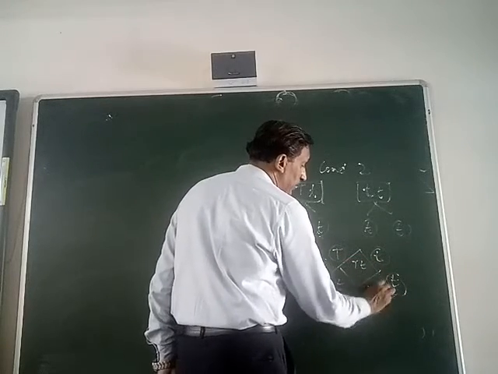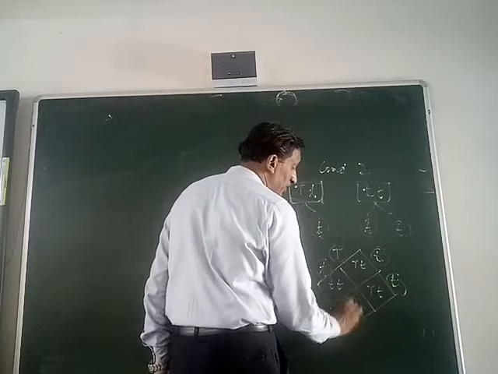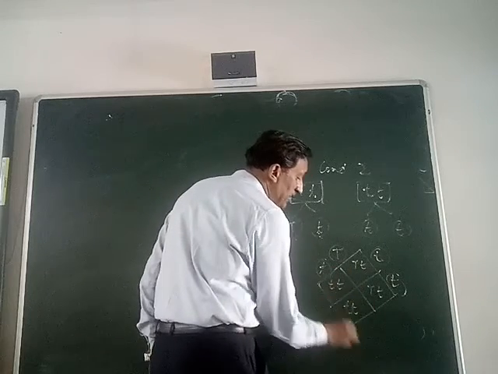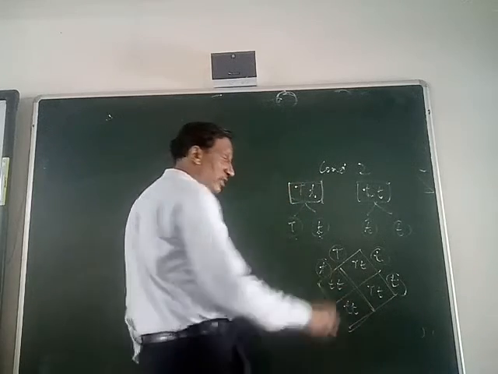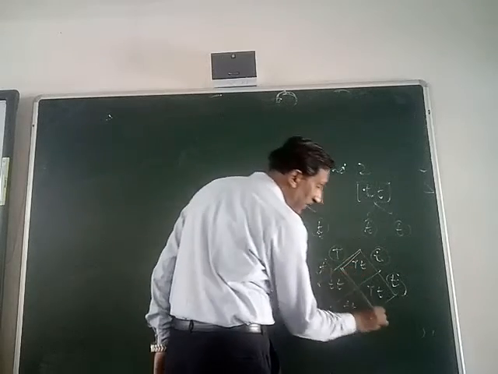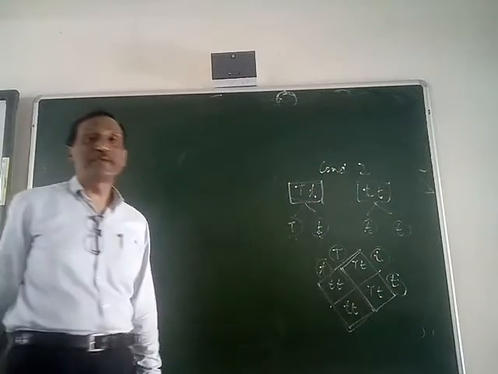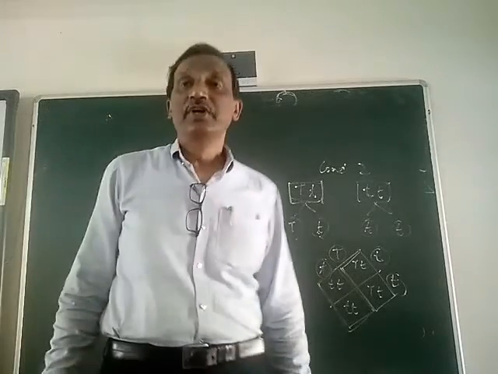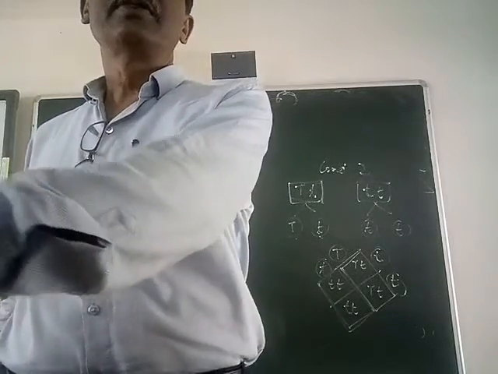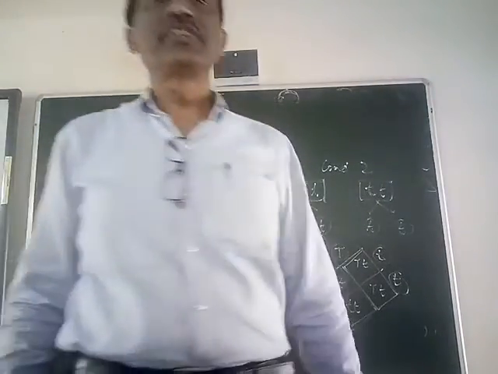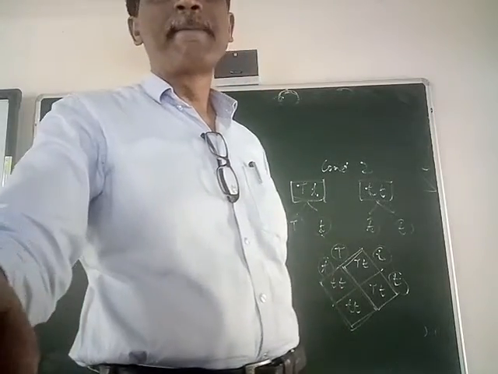Capital T, small t. Small t, small t. So 50% of plants will be dwarf type, recessive type, and 50% of plants you will get of dominant type. Okay. So this is what the condition is.